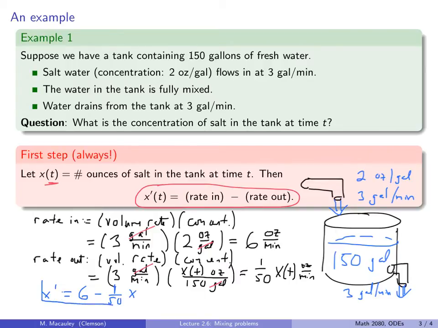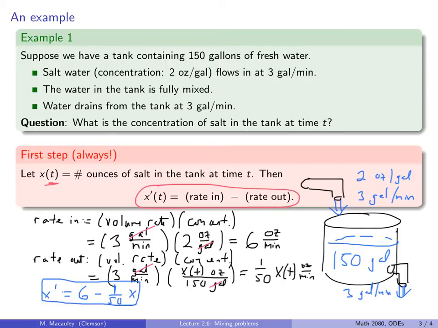That is a differential equation. That's something we know how to solve. What does that remind you of? Well, it's your exponential decay to a value, because if you get rid of the 6, you just have an exponential decay. So this is something that we can solve.